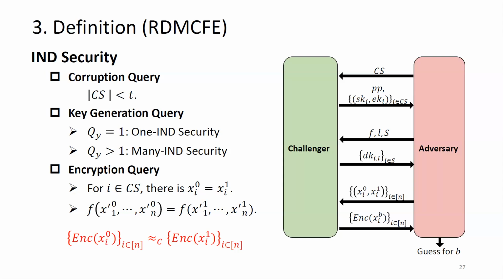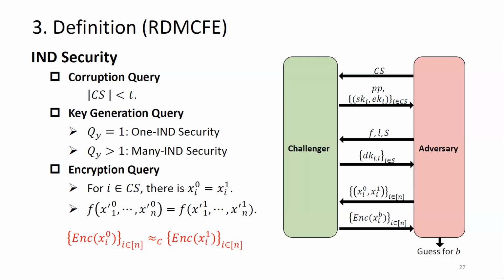Before the key generation queries, before the key generation oracle, each client interacts with other clients and updates its state, so they can obtain the set of online users. They interact with the others and obtain this set.